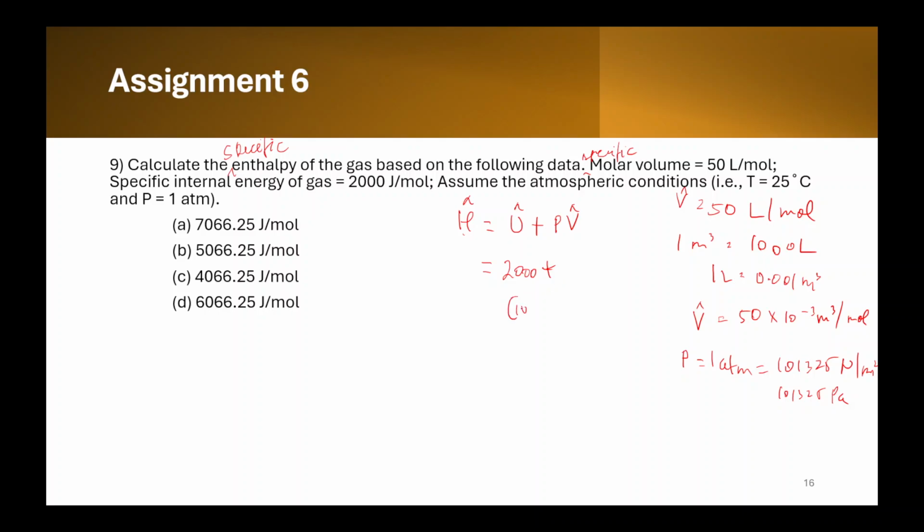Plus I'll write it here 101,325 into V cap we know, 50 into 10 to power minus 3. So the correct answer will be 7066.25 joule per mole. The correct answer is A part.